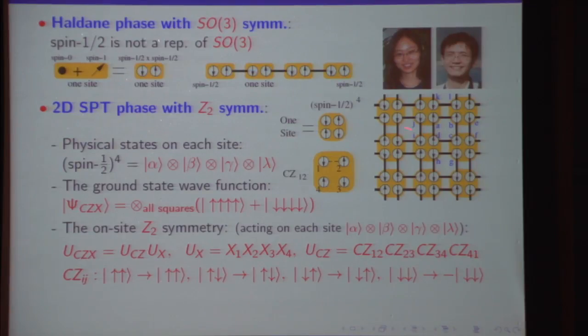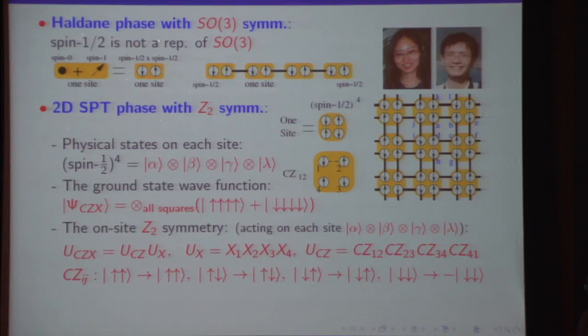This box means we have all 4 down plus all 4 up, just a superposition of all down and all up. So this is an entangled state. On each box we have that. We use this black box to mean all up plus all down. Then on each square you have all up, all down, and that builds the ground state wave function.